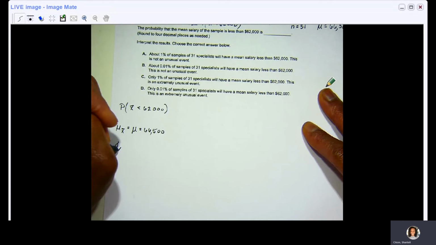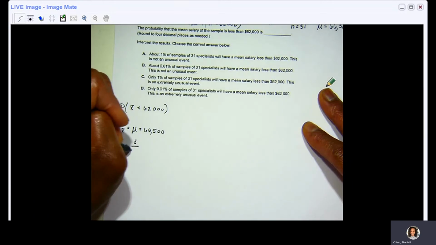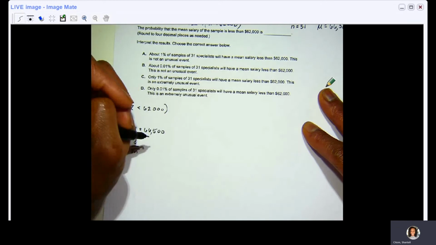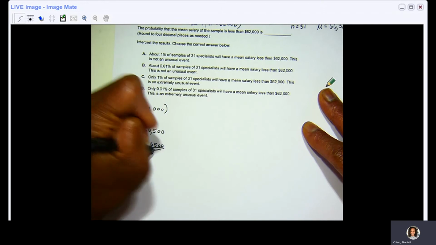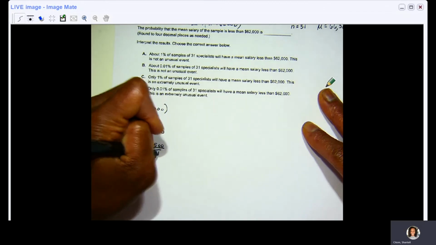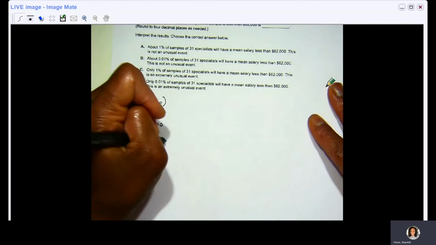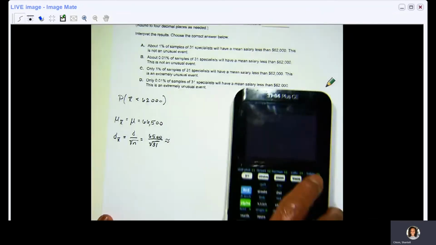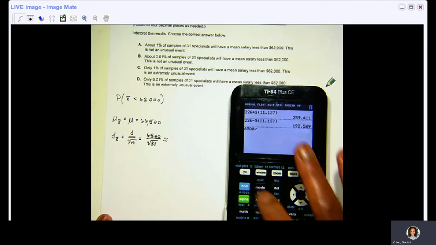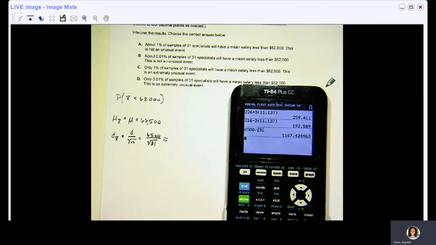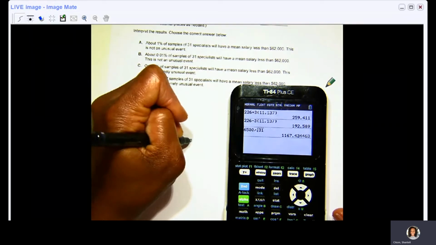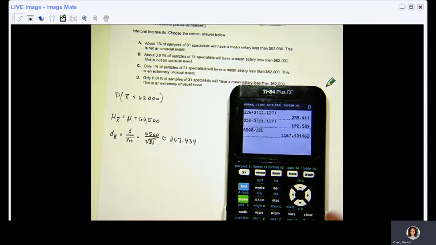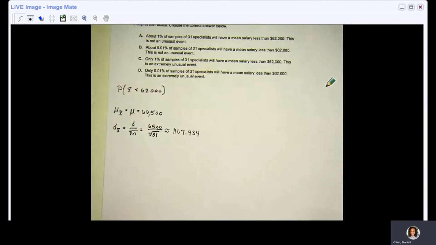So sigma sub X for the sample distribution is the original sigma divided by square root of n, which is 6,500 divided by square root of 31. n is 31. And I'm going to calculate that, get that decimal. We get 1,167.434. I'm going 3 decimals there instead of my usual 4.